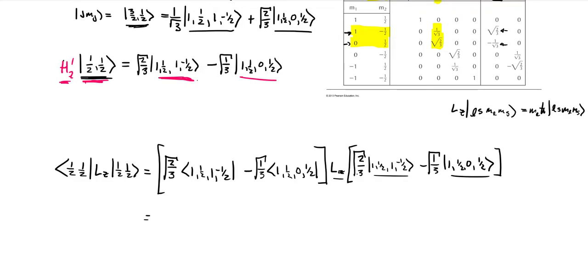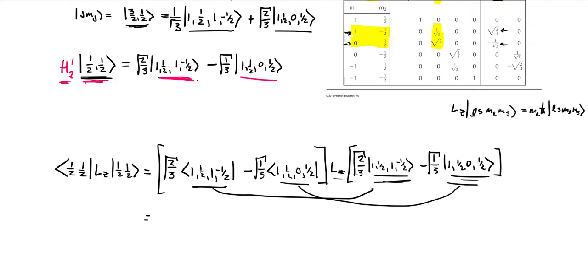So it's going to bring out a 1 for this one and a 0 for this one. When we operate on this, because it gives us the same vector, due to orthonormality, the cross terms vanish, and these two are going to remain.